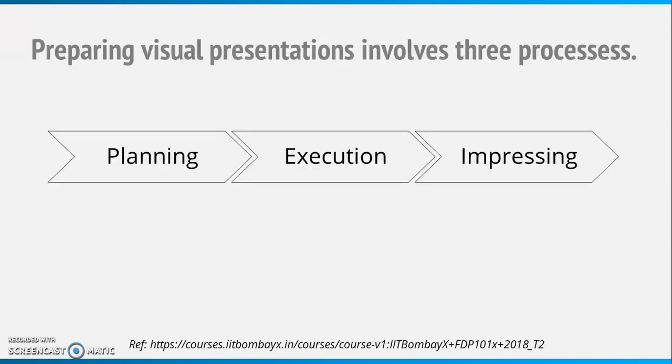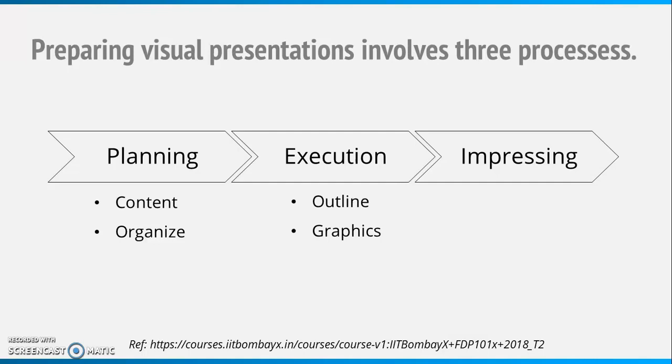Preparing a visual presentation involves the process of planning, execution, and impressing the students who are going to look at your presentation. Planning involves techniques like discussion, analyzing, and organizing what content you want.